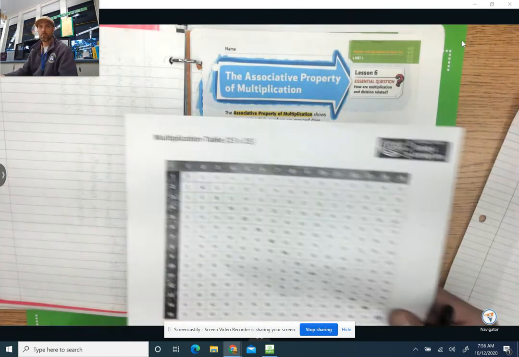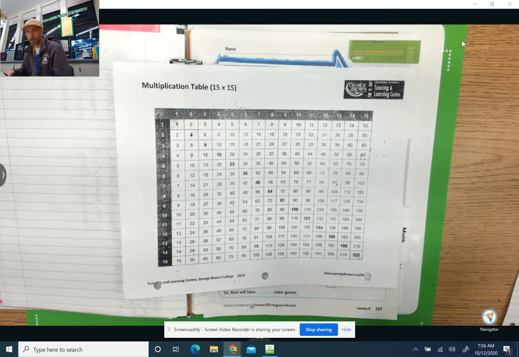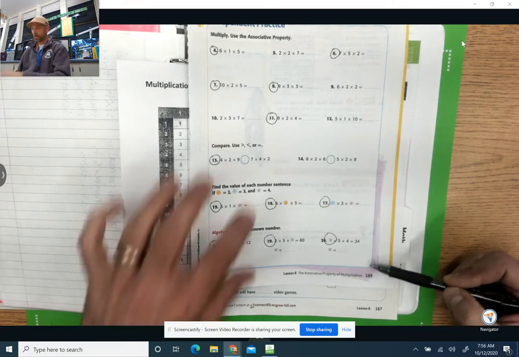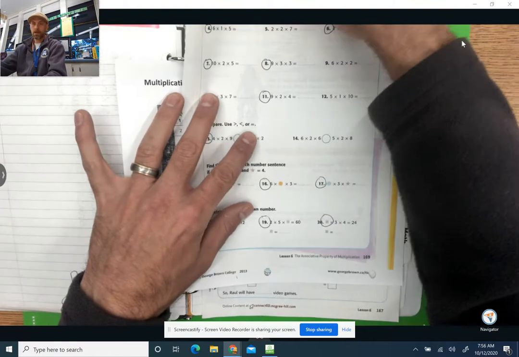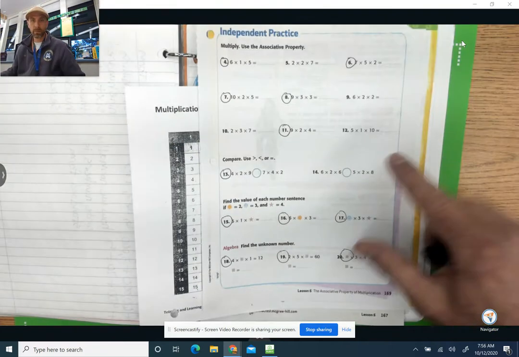have your multiplication table out, and you're going to need page 169. Okay, a little closer. 169. And these are the problems that we're going to be doing.